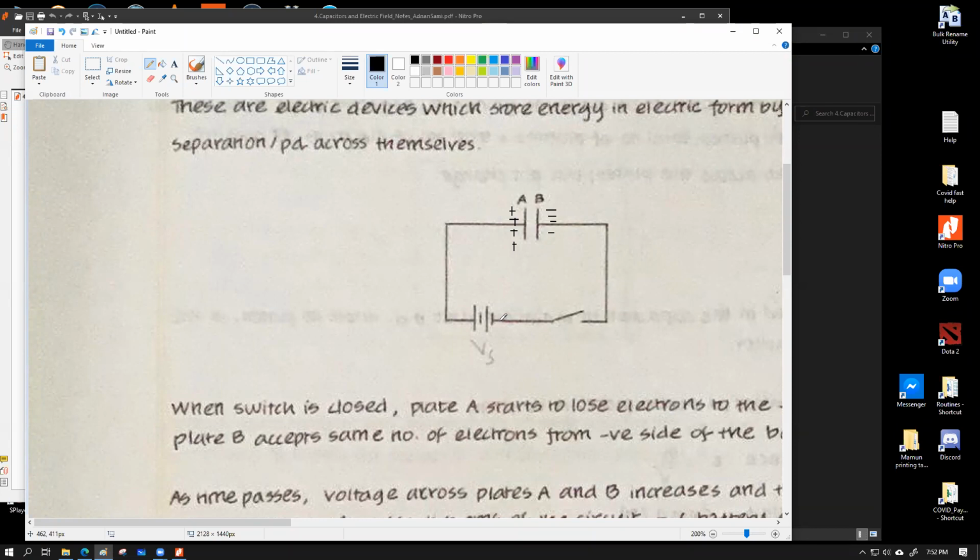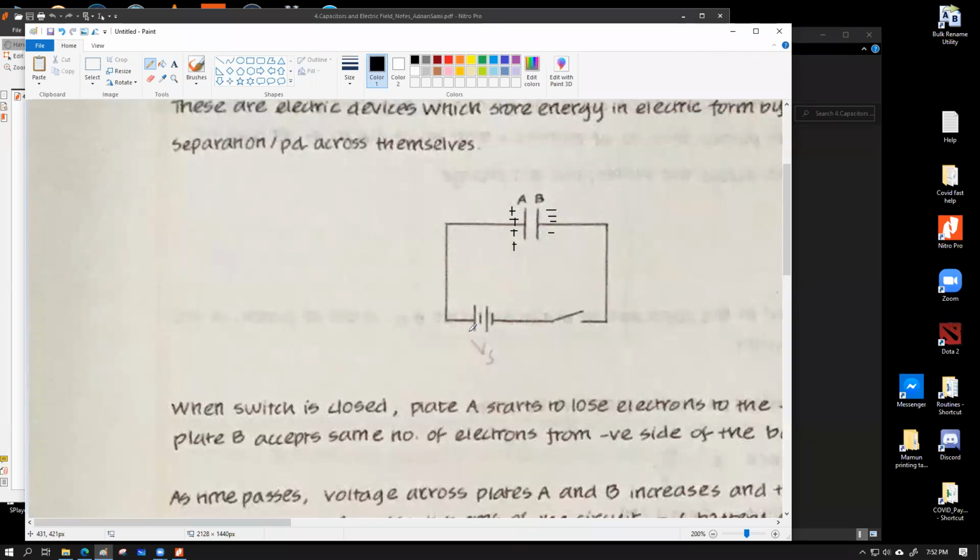That chemical reaction is not essentially causing the battery to permanently lose electrons. It is continuously trying to push the electrons to one side. But if at any point you take 10 electrons out of this negative end, you have to also feed 10 electrons to the positive end as well.